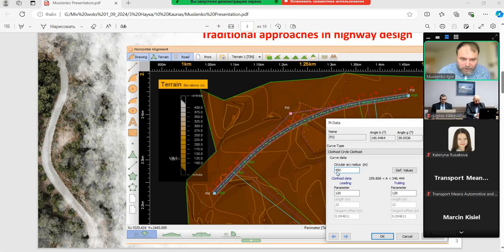Here it's 450. The transition curves, and we think we are making full use of computer technology. In fact, we've just made it easier to calculate and draw.